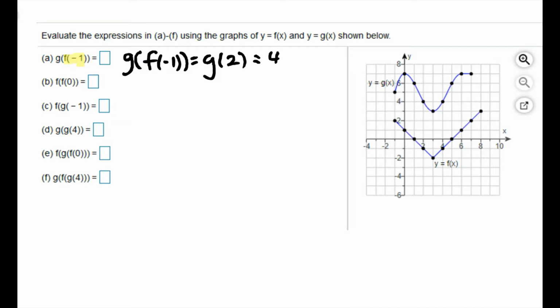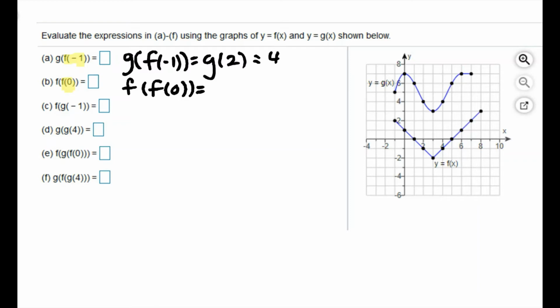Okay, let's try the next one. So the next one says f of f of 0. Like I said before, we're going to follow the symbols starting on the inside. F of 0 we're going to work out first. Let me rewrite this.